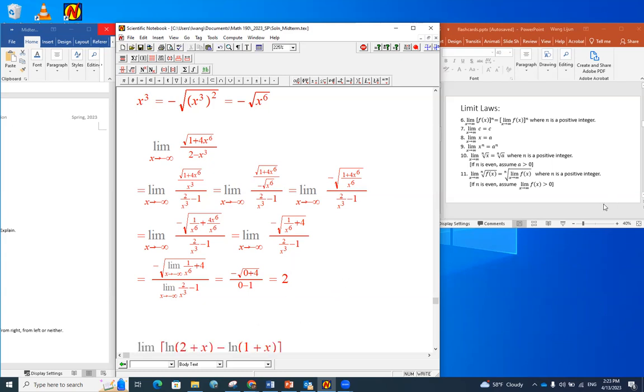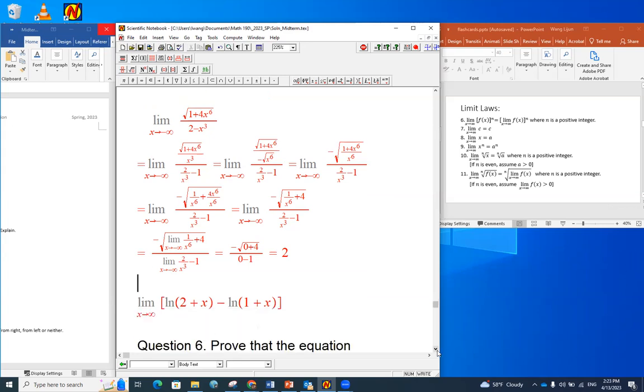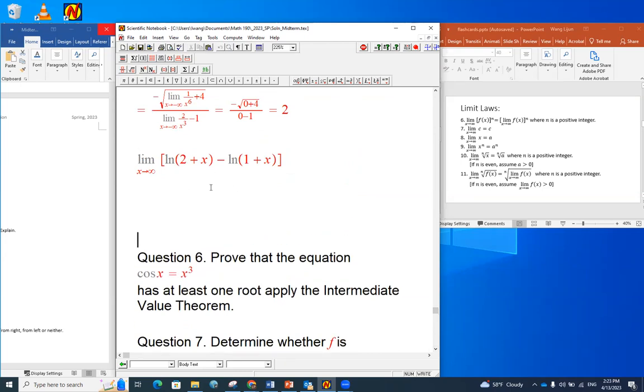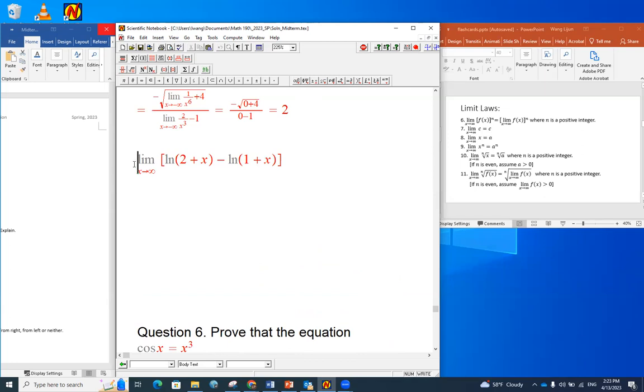Okay. Now, last one, limit finding. We have seen, of course, varieties of mistakes.